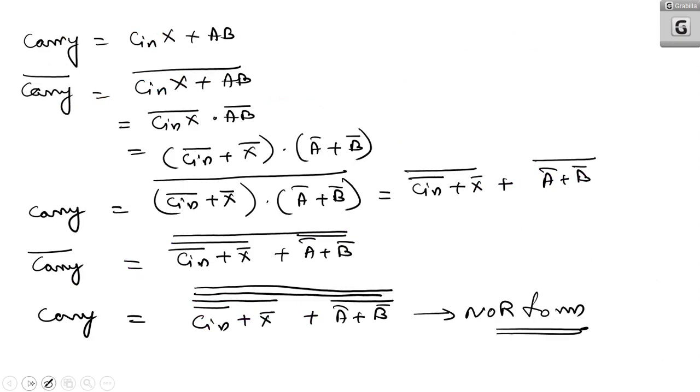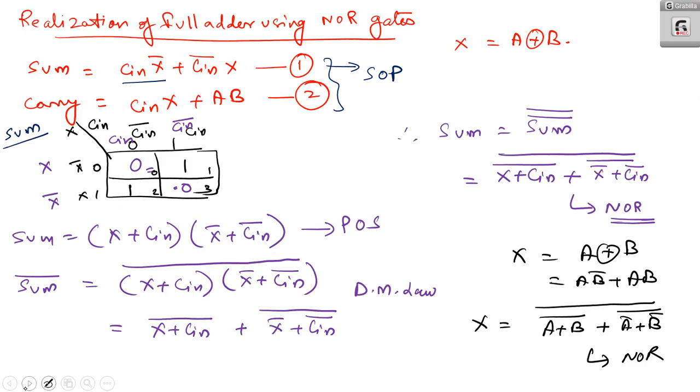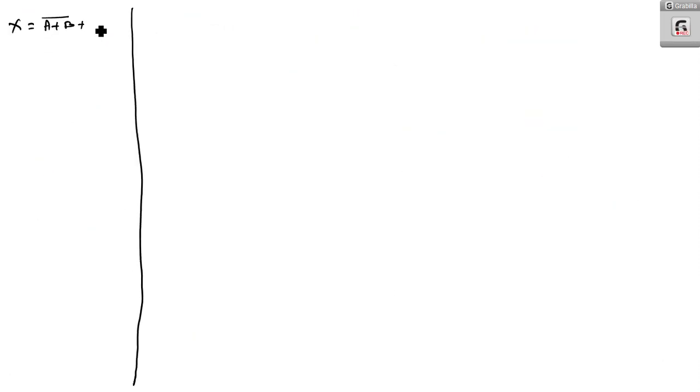Now coming into realization using NOR form. So I can write X. First I will write X. X is equal to A or B bar or A or B bar or A bar or B, whole bar, or A bar or B bar the whole bar.